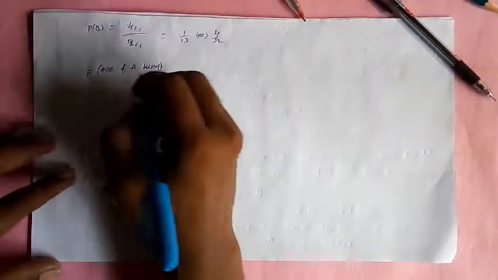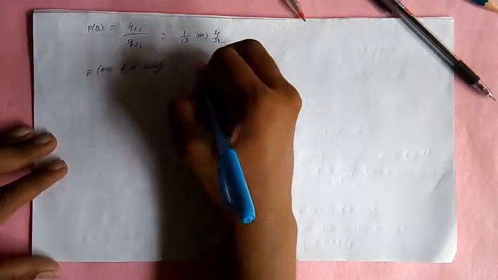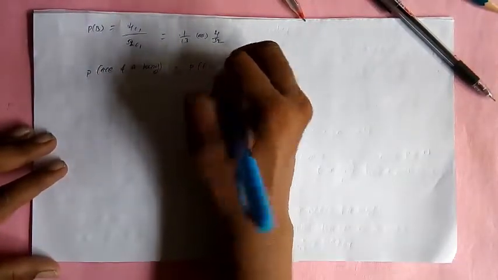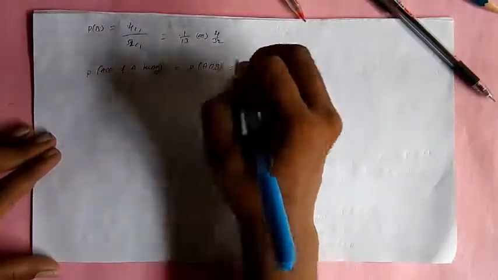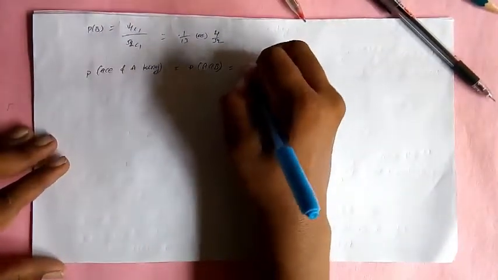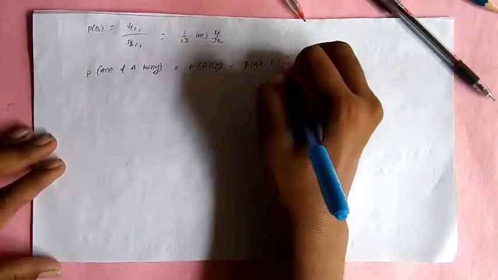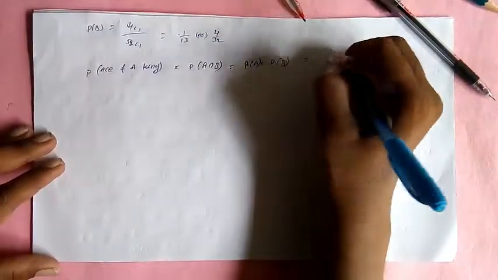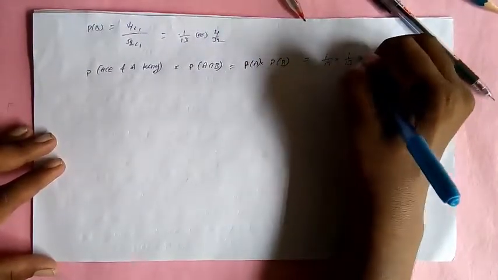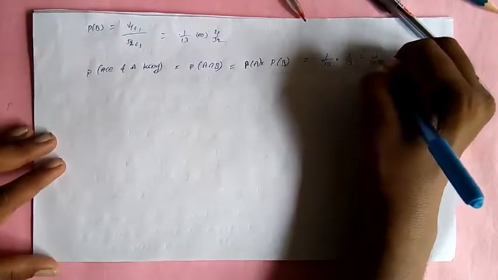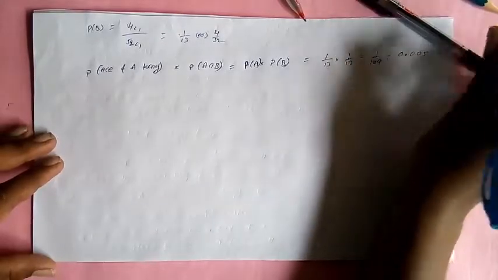The probability of getting both ace and king can be written as P(A intersection B), because we are taking two cards. From the multiplication theorem, we have P(A) into P(B), that is 1 by 13 into 1 by 13, which equals 1 by 169, that is 0.005.